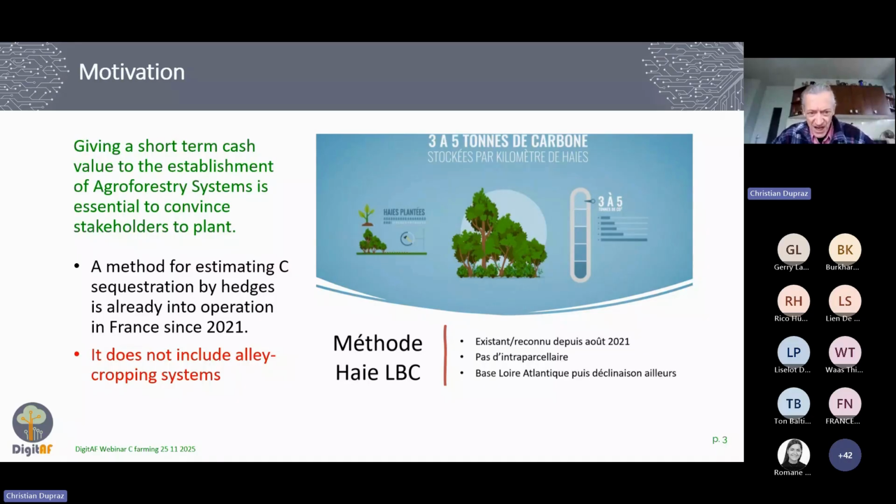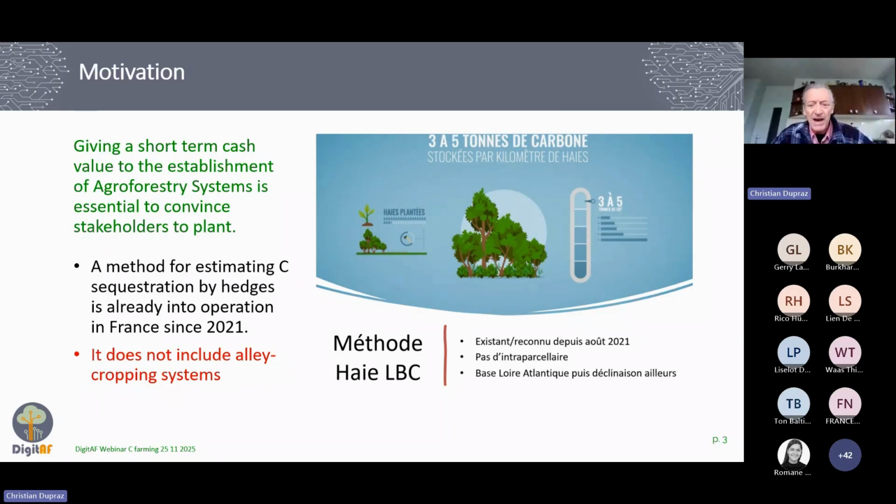so that farmers have the incentive to engage in this transition to agroforestry. In France, we use labels that certify that you do store carbon. And at the moment, we have a method for certifying carbon storing in hedges. We call that the method A, label bas carbone. It's used since August 2021.